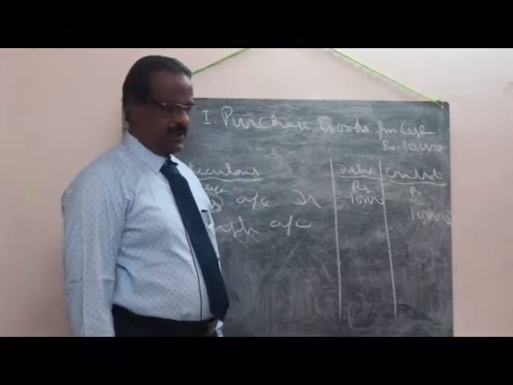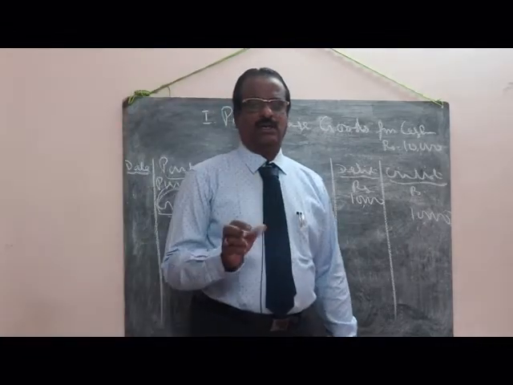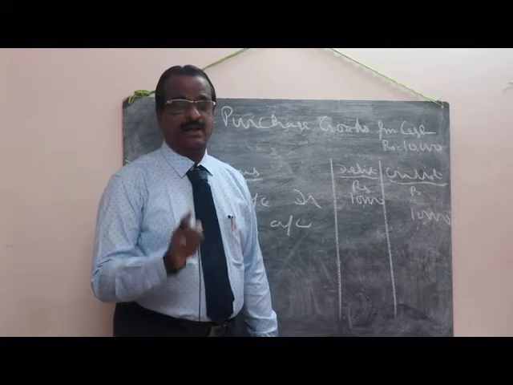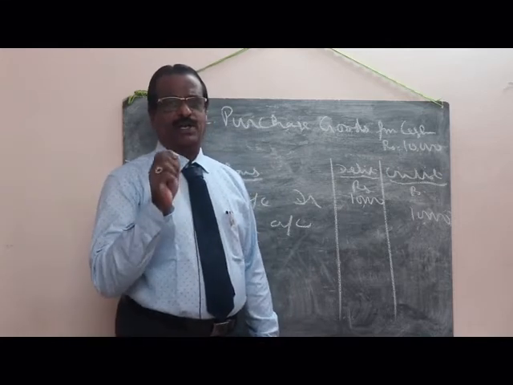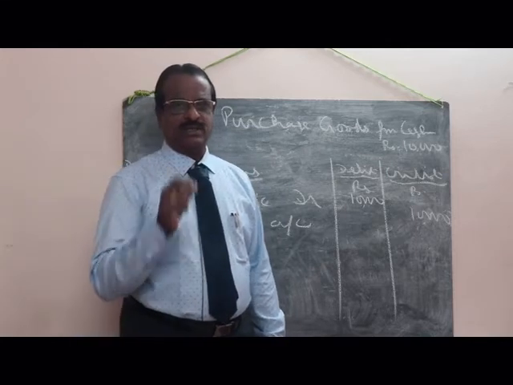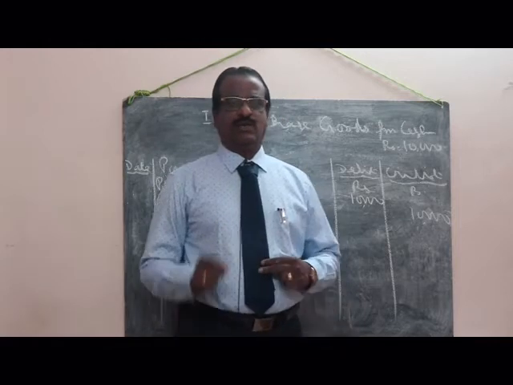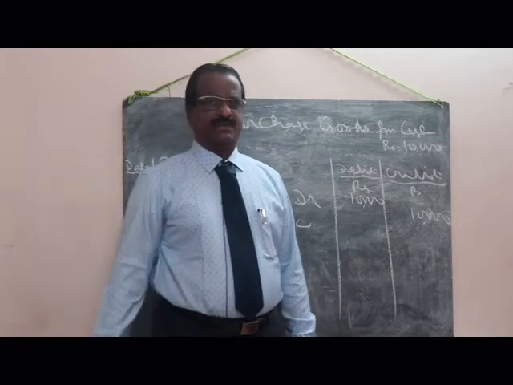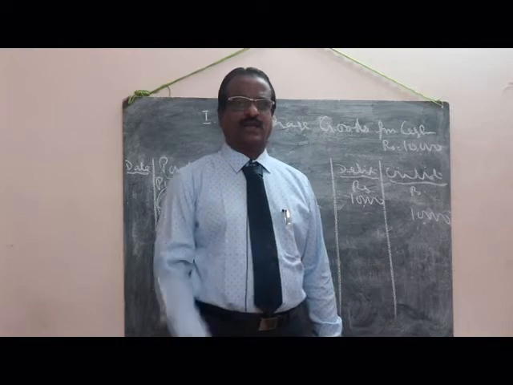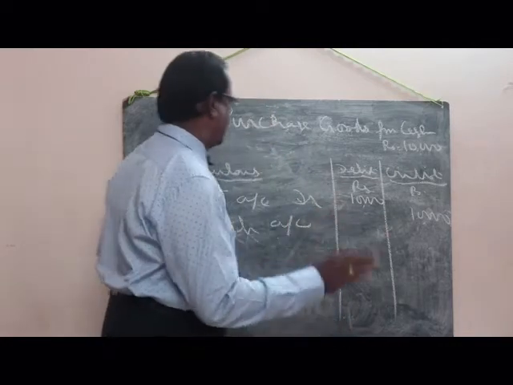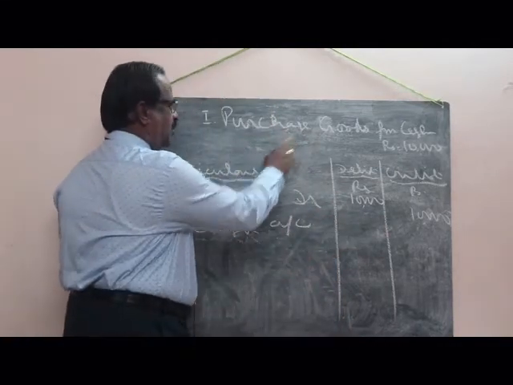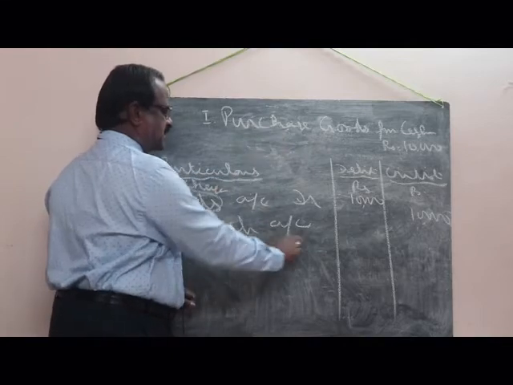Next important point, in every journal you must write narration. That is very, very important. In all the journal entries, you must write narration. What is the meaning of narration? It's simple. The transaction must be written here. That's all.